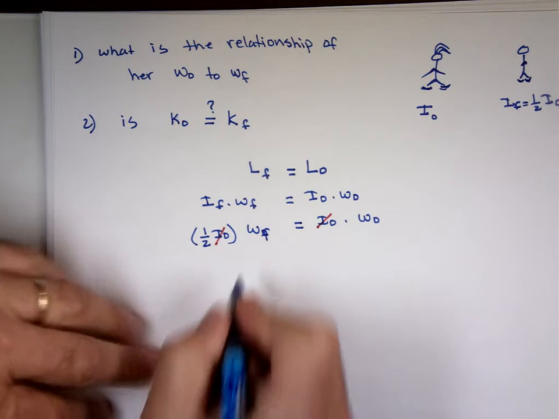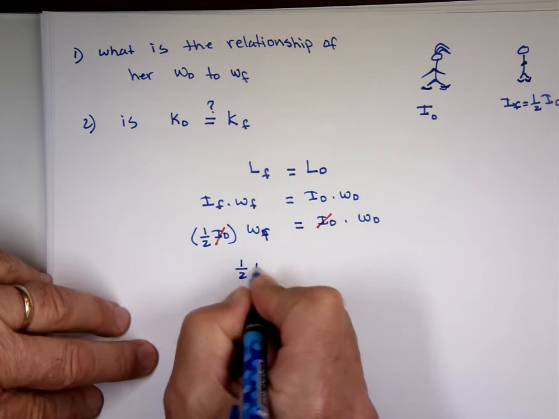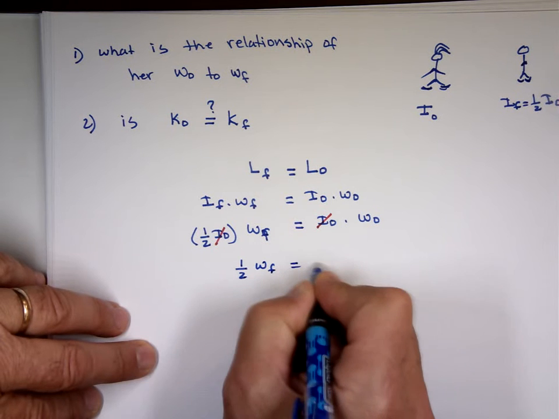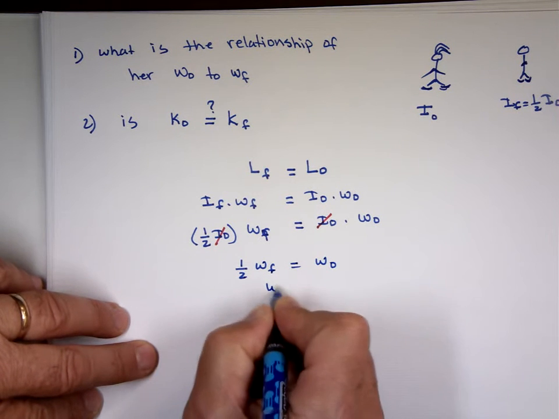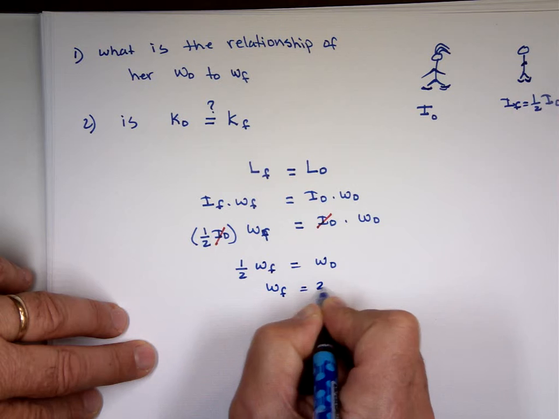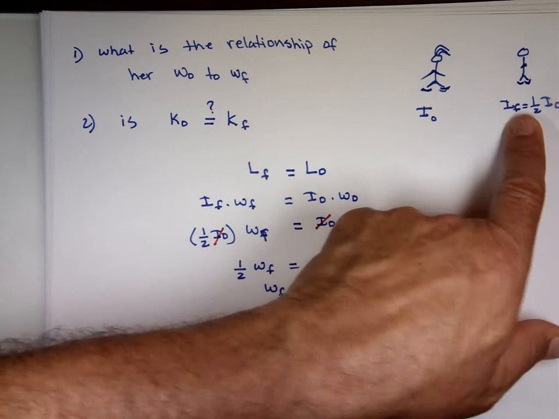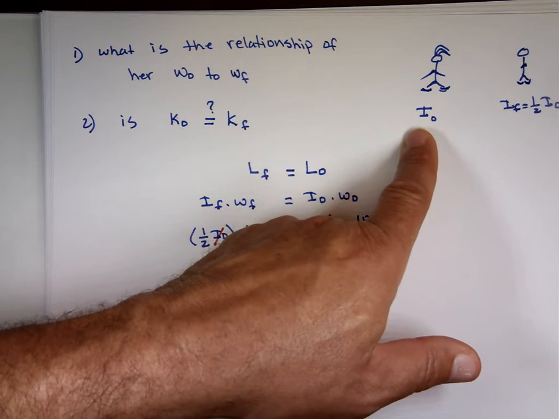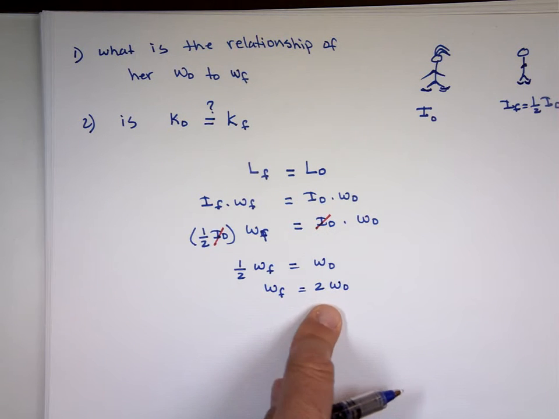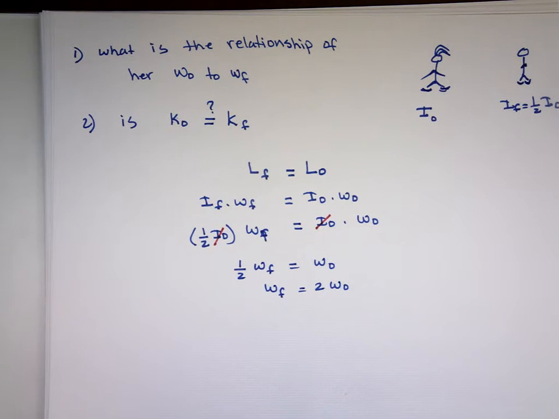I have 1/2 W final equals W initial, or W final is going to be twice the initial speed. So when you shrink the inertia to half the size it used to be, you're going to spin twice as fast. If you were spinning at 8 RPM, you're going to be spinning at 16. If you were spinning at 10 RPM, you're going to spin now at 20. Twice that number. What about the kinetic energy?